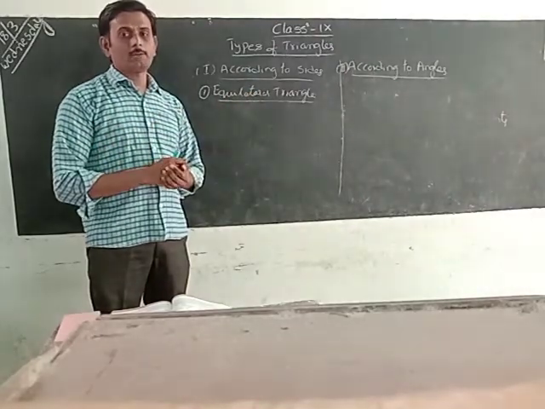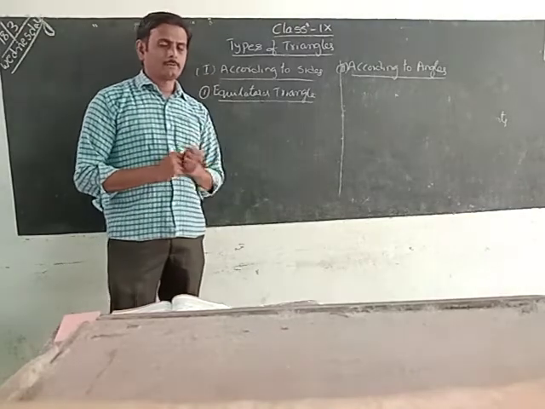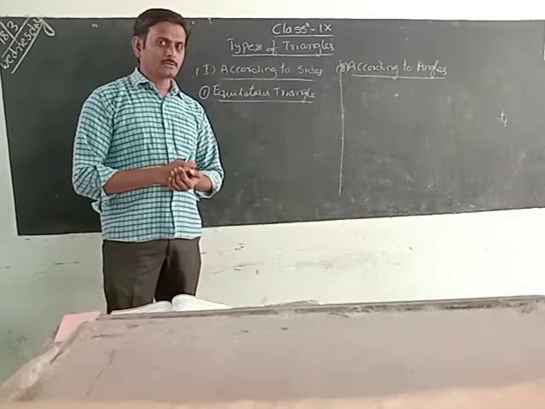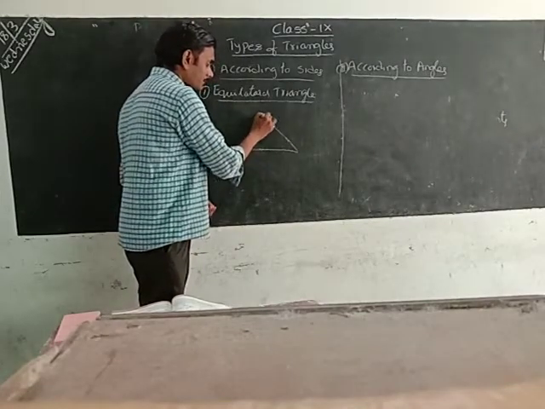Equilateral means a triangle having how many sides? 3 sides. How many angles? 3 angles. How many vertices? Vertices means the common end for 2 sides.